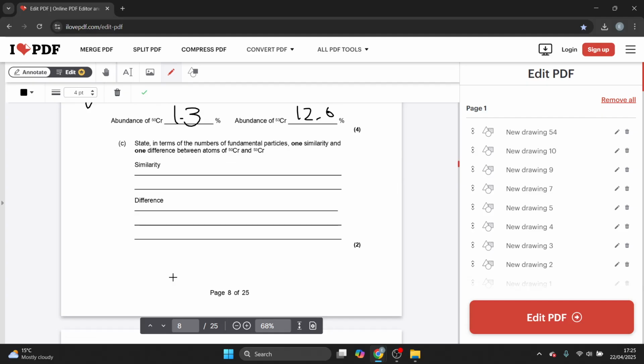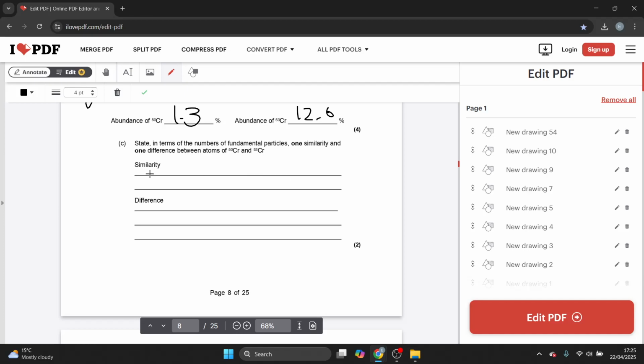State, in terms of number of fundamental particles, one similarity and one difference between atoms of 50Cr and 53Cr. Very annoying question, actually. But these are clearly isotopes.